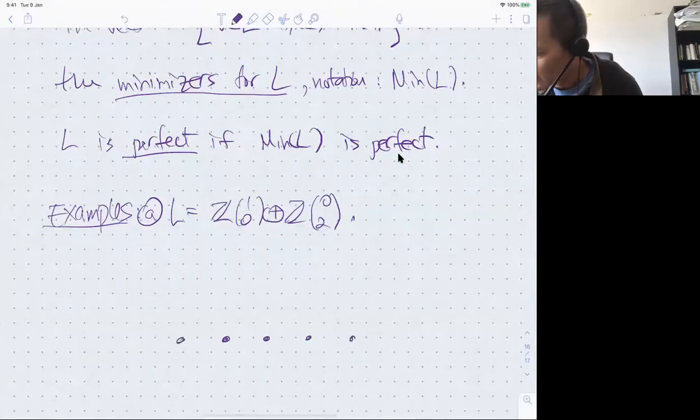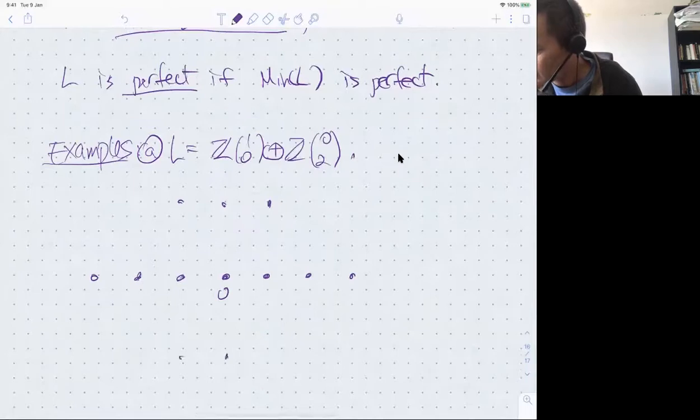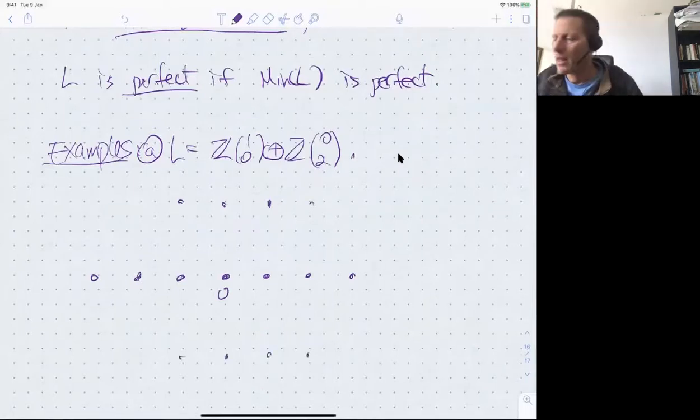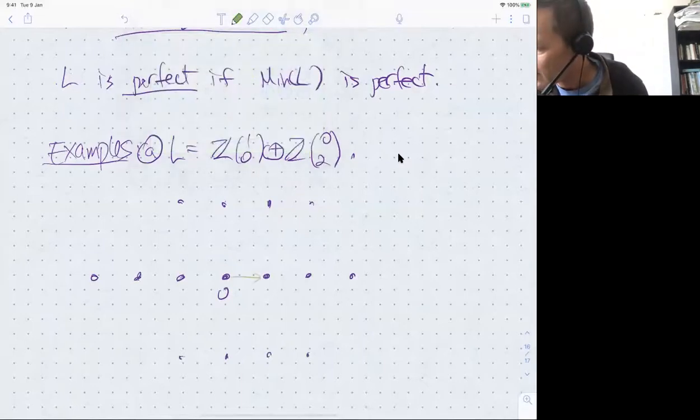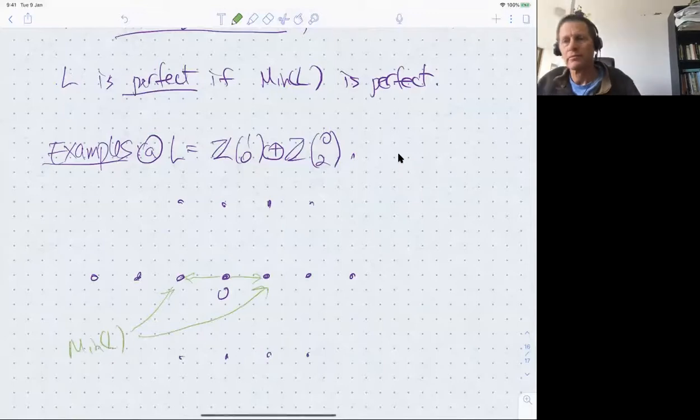Pictorially, it looks like this. The 0 is here maybe, and the lattice points are here. The minimizers in this case are just 2 vectors. These 2 elements are the minimizers of L.